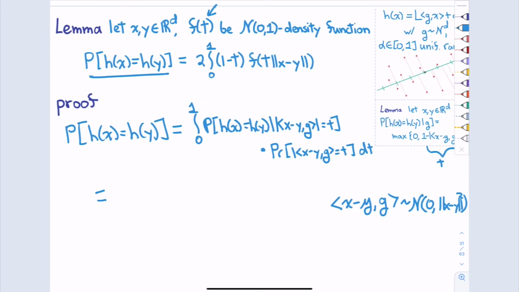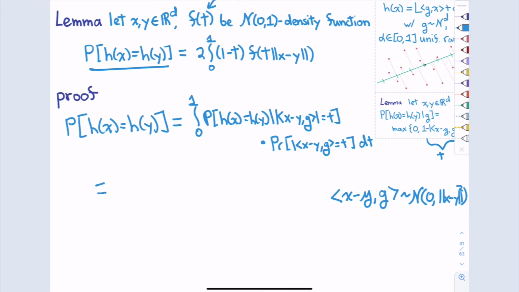I'm going to let f of t be the density function for the normal distribution from last class. It doesn't actually matter exactly what it is. But in particular, if I want to look at the odds, or the density, so to speak, I'll put quotations around this: the probability that x minus yg is equal to some value t.